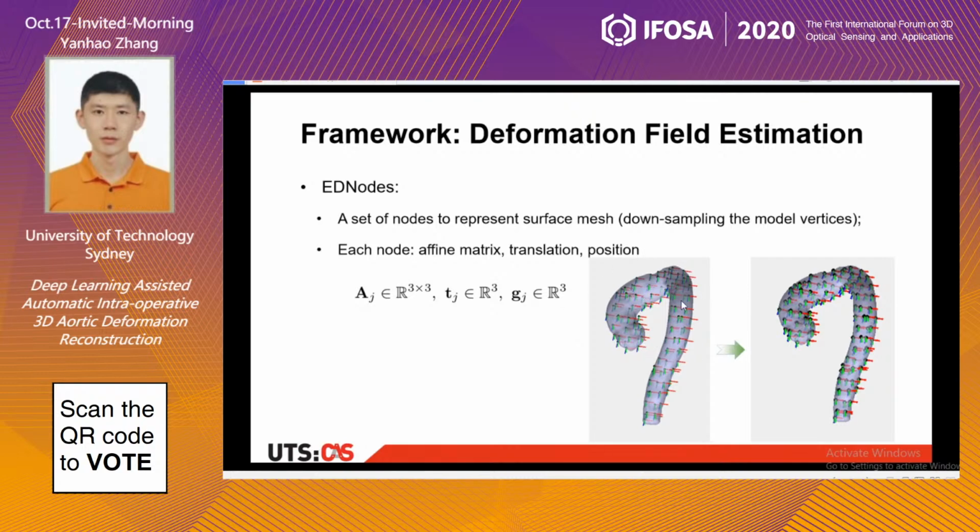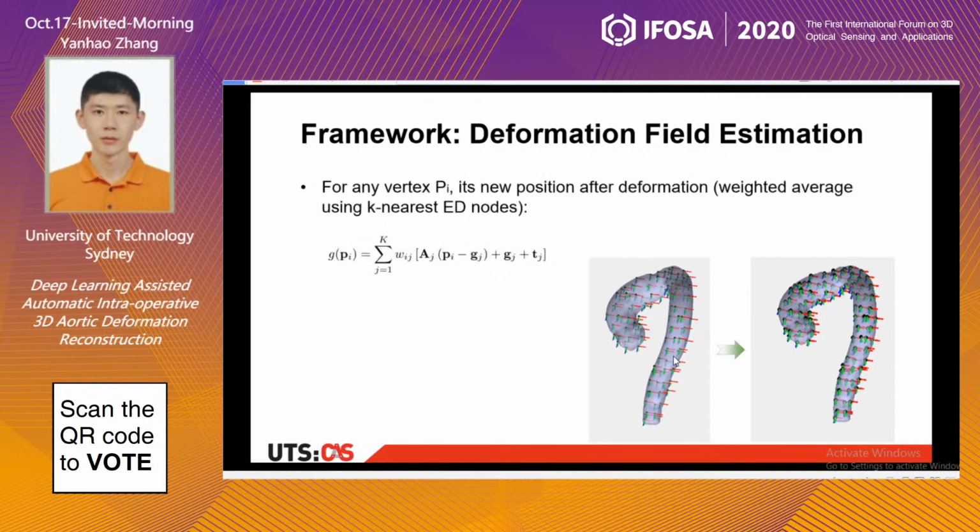In this figure, the gray color shows the mesh model, or you can just treat it as a 3D point cloud, and those small frames represent the embedded deformation nodes.